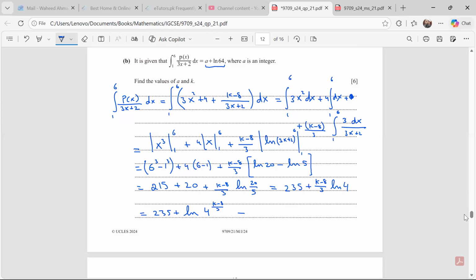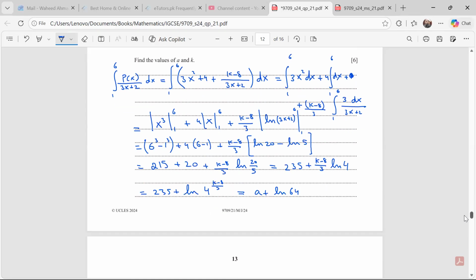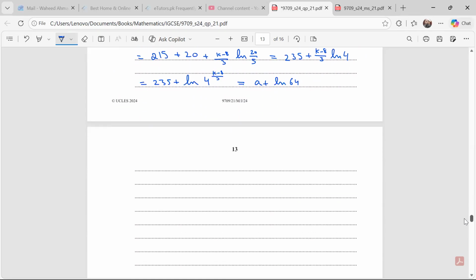So if I equate it to a plus log of 64, I get something very interesting: a must be equal to 235. This is one thing I found here. Second, I can see that 64 should be equal to 4 to the power k minus 8 over 3.